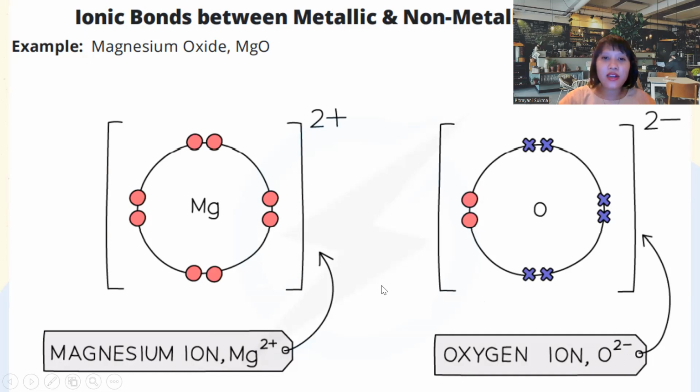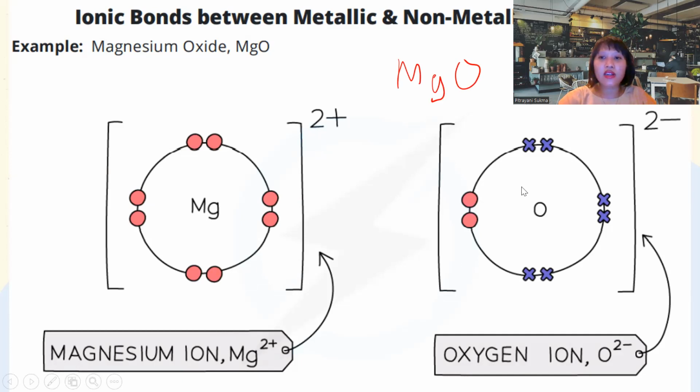Because they have different charges, positive and negative, they can make ionic bonding and become magnesium oxide. When magnesium donates 2 electrons to oxygen, it becomes positively charged and more stable.